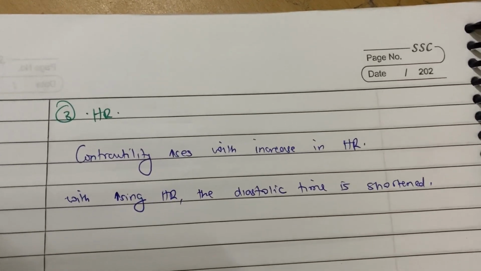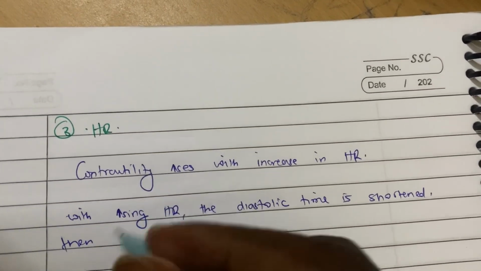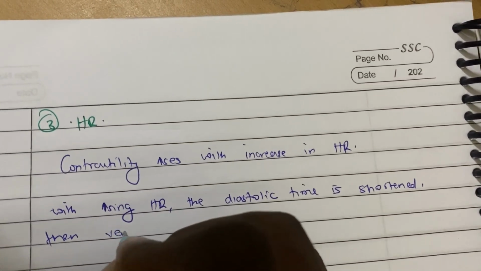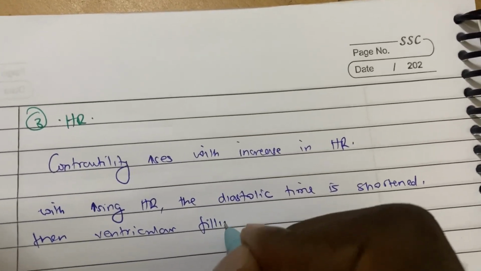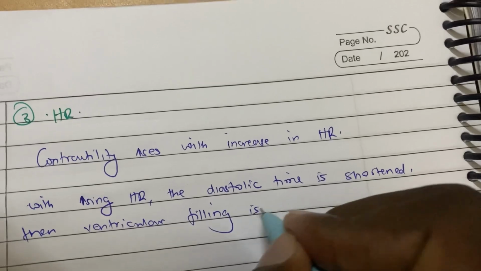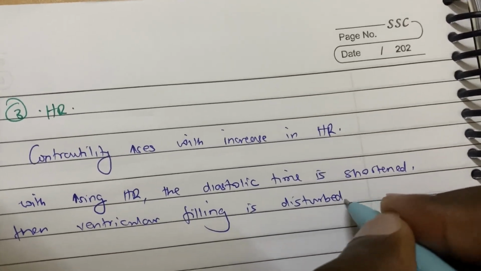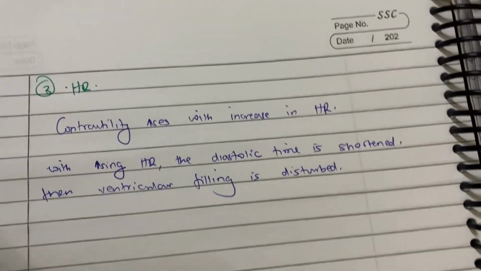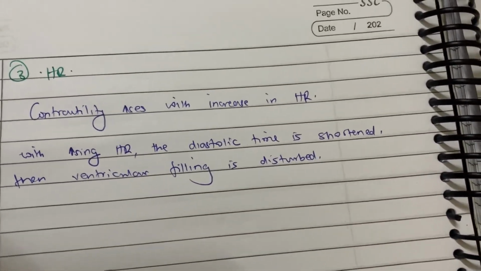So if diastolic time is shortened, then ventricular filling is disturbed. We saw this in physiology. So what would be the effect?